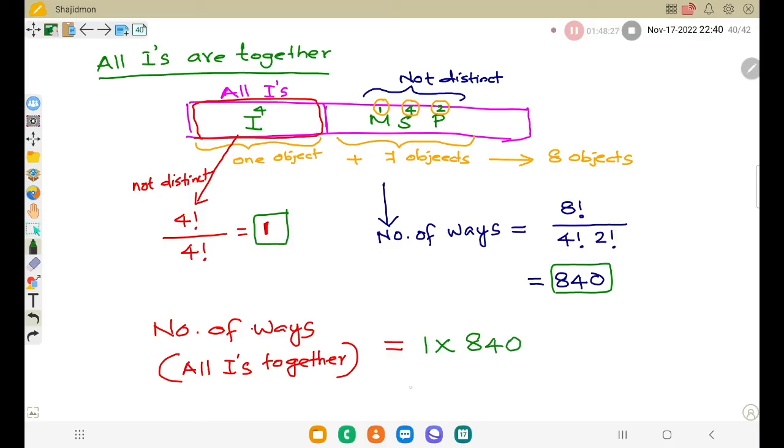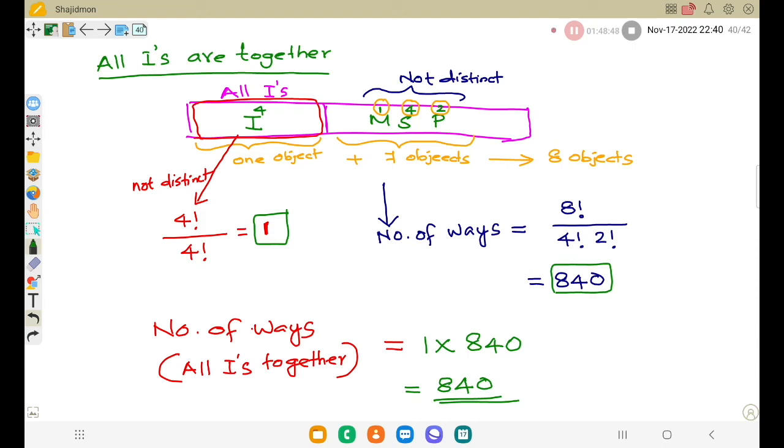So totally how many will we get? Equal to 840 ways. So in the word Mississippi, all I's are together means how many ways can we write? 840 ways we can write. Hope you understood that one.